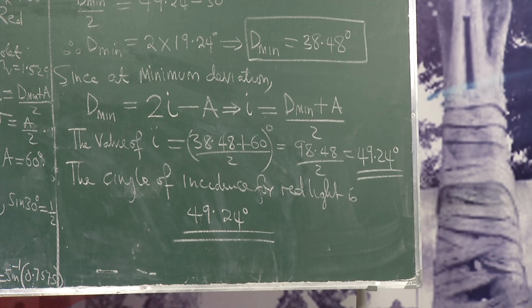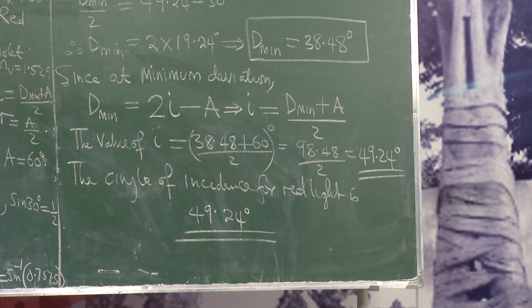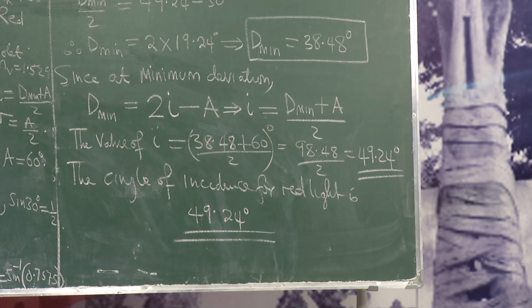The value of the angle of incidence I for red light is going to be that. We can capture that as we prepare to go on to look for the angle of emergence for the violet light.